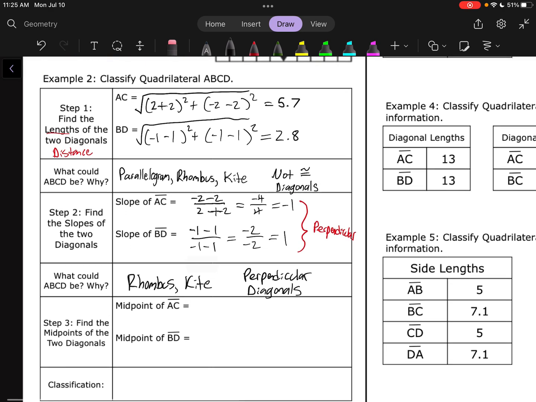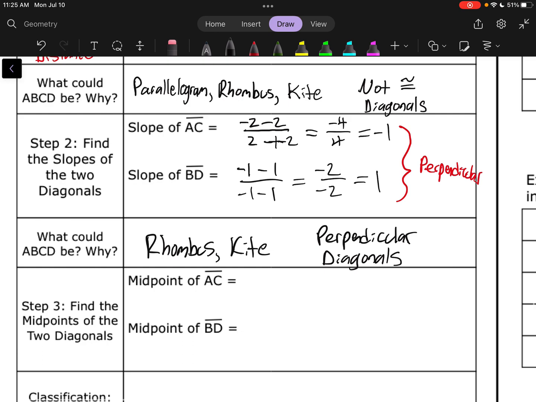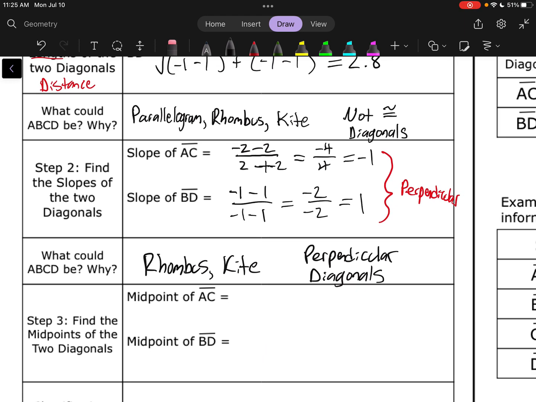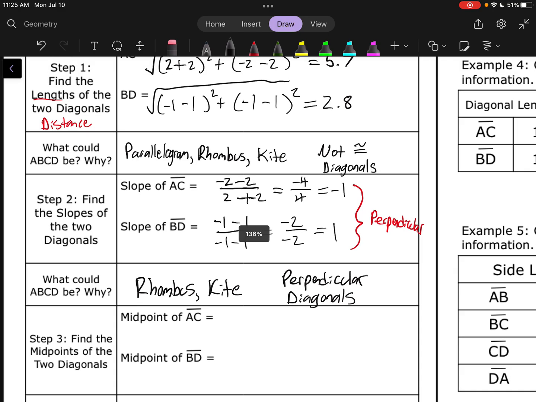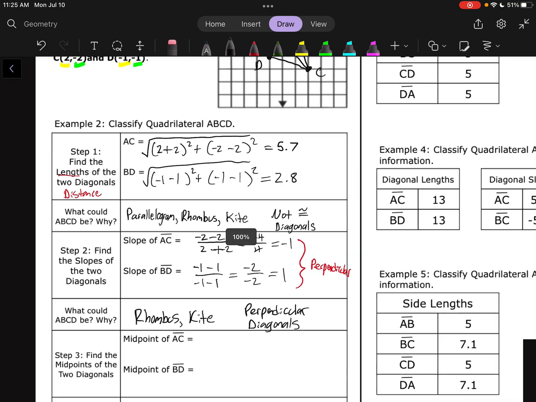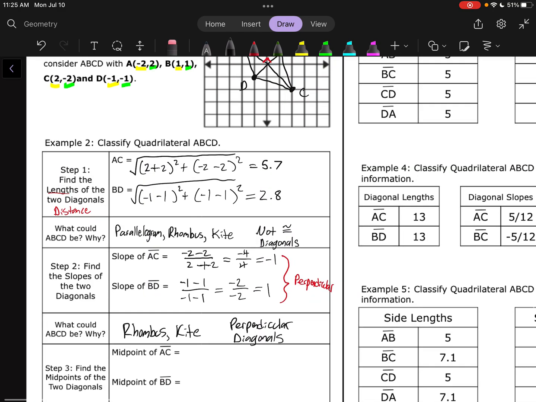So in order to tell between those two, we are going to be looking at the midpoints of these two diagonals. If we get the same midpoint, that means that those diagonals did in fact bisect each other. So let's do a little midpoint formula here. So for AC, the midpoint formula looks like this. We do x1 plus x2 on top, and then y1 plus y2 on top for the other one.